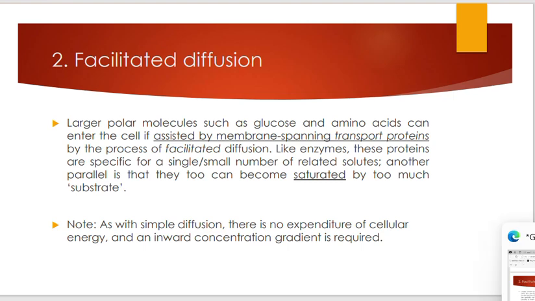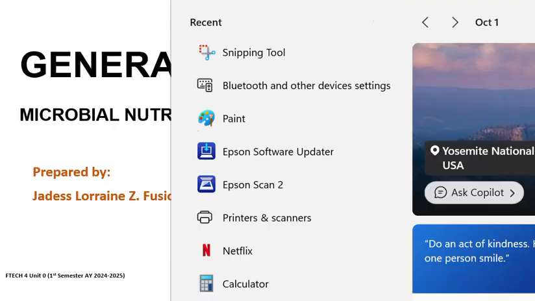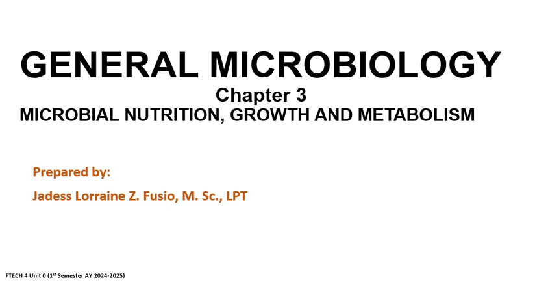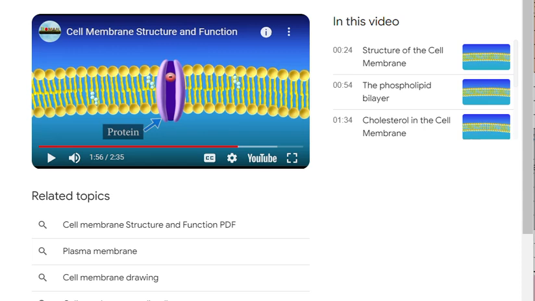So as you can see earlier in the slide I showed you, facilitated diffusion is where the bigger molecules will get inside the transport proteins. Okay? It is assisted by the membrane spanning transport proteins. So let's get back again to that video. Okay?